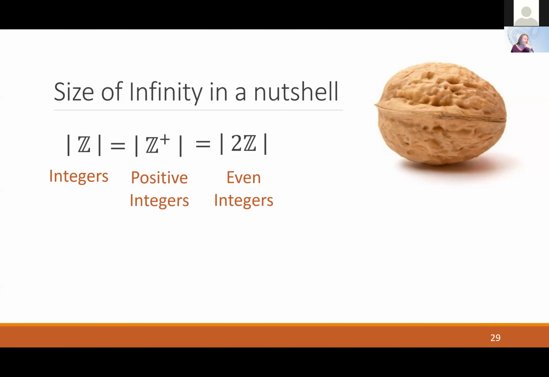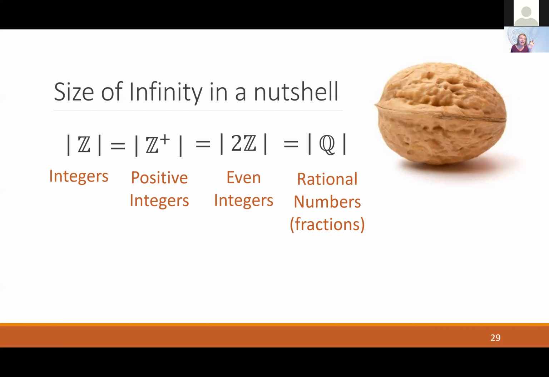And as we saw in the number file, there was a way we could list all of those fractions, even though he didn't go into the specifics, but there was a way to use diagonals to list them all. The rational numbers, all the fractions, those three sets are all of the same size.